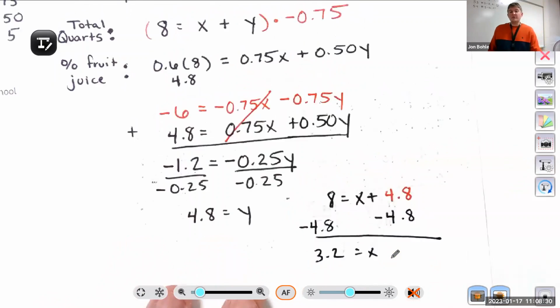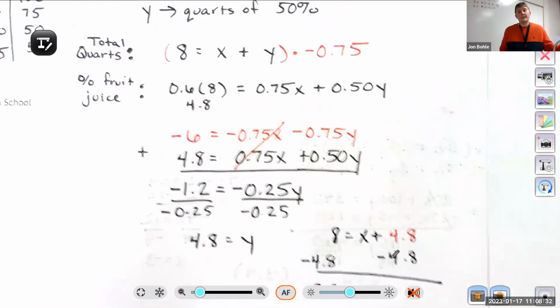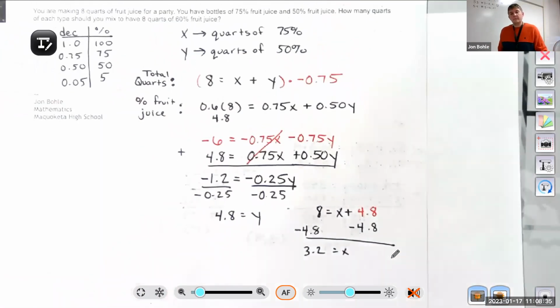And x equals 3.2 means 3.2 quarts of 75% fruit juice.